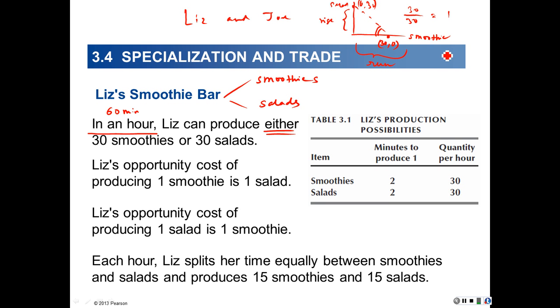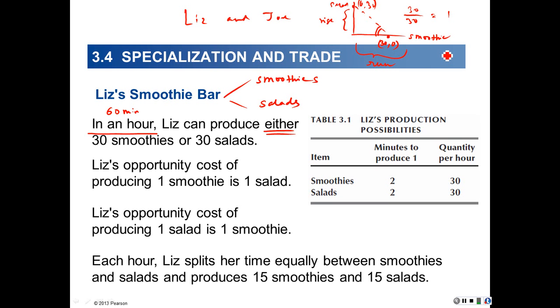So what is that slope equal to? It's the opportunity cost of producing one more good that's measured along the x-axis in terms of the other good measured along the y-axis. So that slope would be the opportunity cost of making an additional smoothie in terms of salads given up. And this makes perfect sense, right?